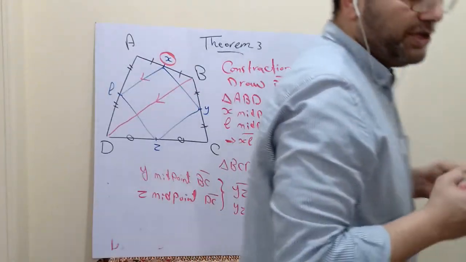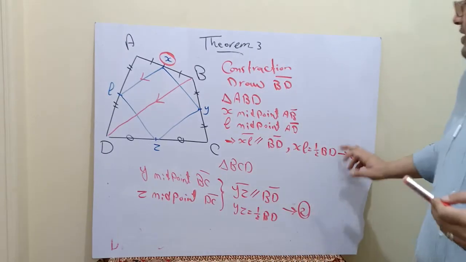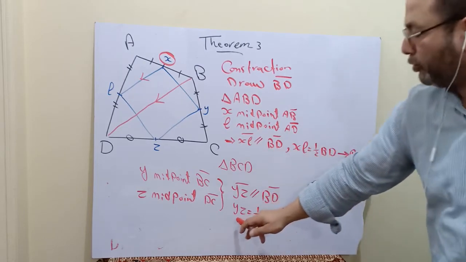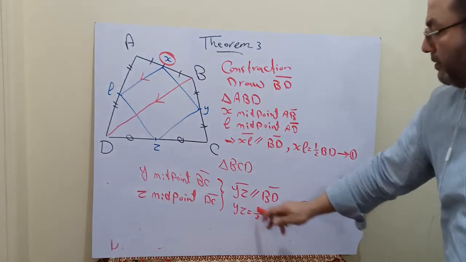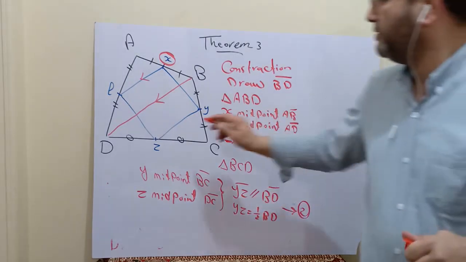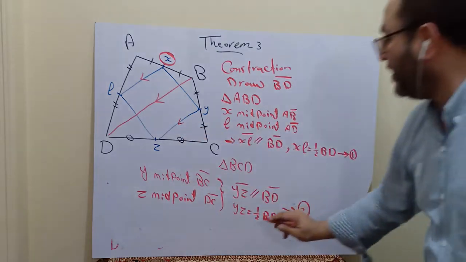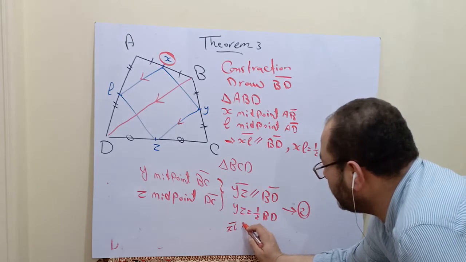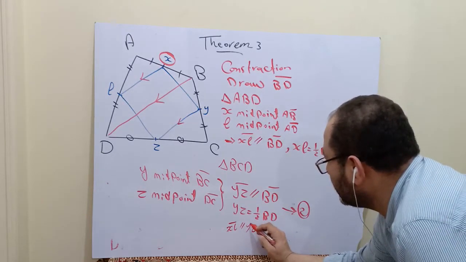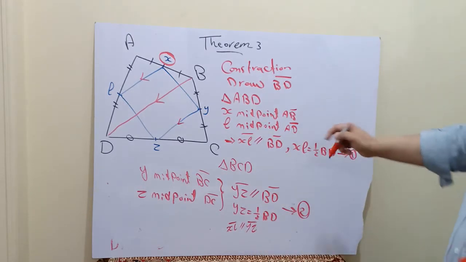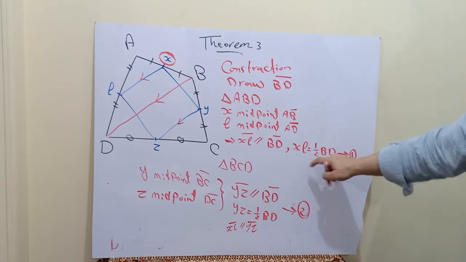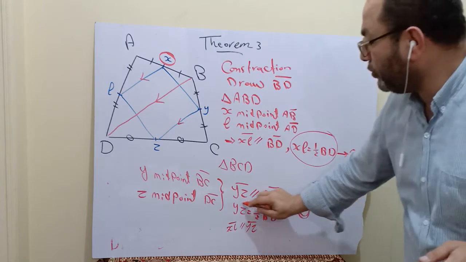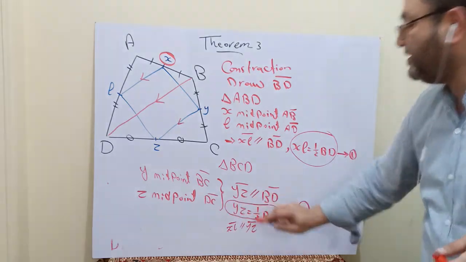Look at the 2 relations between number 1 and number 2. XL parallel to BD, also YZ parallel to BD. Then that means XL parallel to YZ. XL equal half BD and YZ also equal half BD.